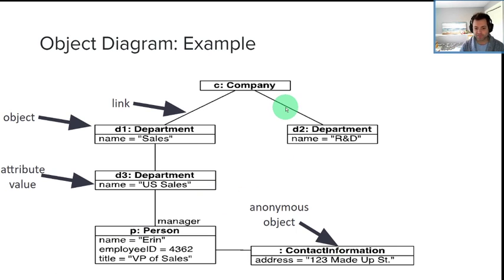And you can kind of see what your class diagram is going to look like in memory once you instantiate it. Again, this is just a graphical version of saying C equals company, okay? D1 equals department, parenthesis, sales. So we're getting a visual for what's actually happening here.